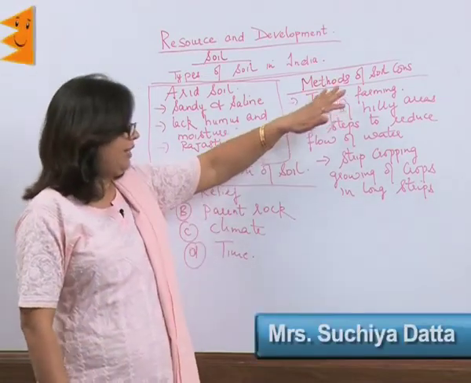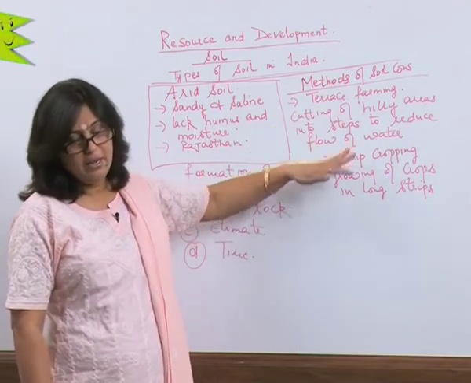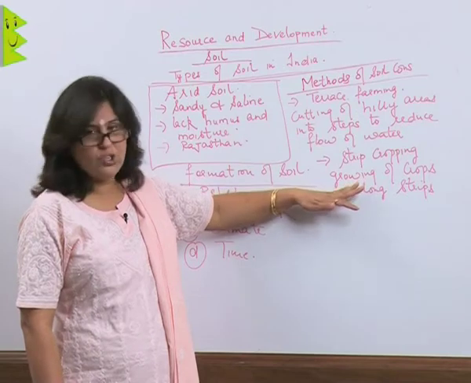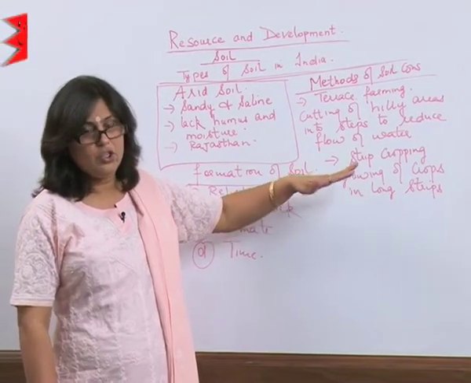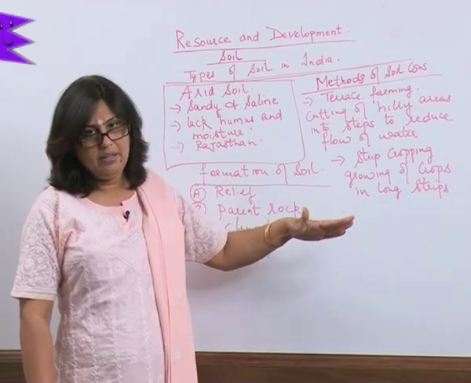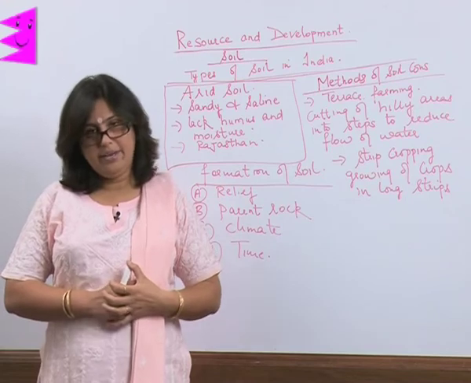And lastly, there are 2 methods by which we can conserve soil, the terrace farming and the strip cropping. That was all about the soil in India. The remaining part of the chapter I will explain in the next clipping.